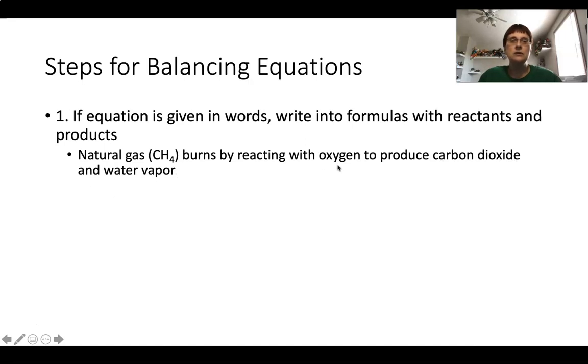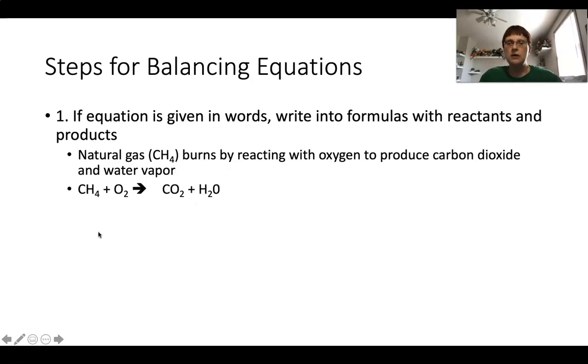Now, I don't give you the formulas for these other guys because these are ones that I would expect you to know the formulas for, just because they're common chemicals that keep coming up. So we've seen oxygen, that's O2, carbon dioxide, CO2, water vapor, H2O, okay?